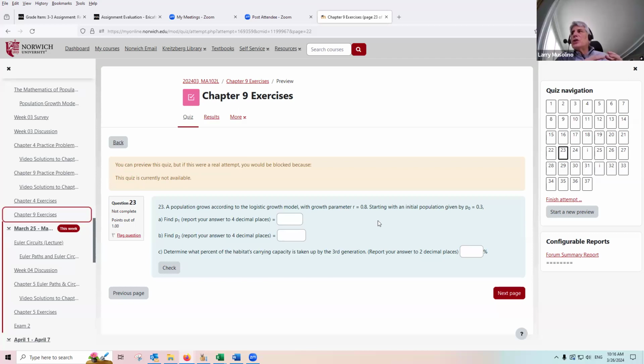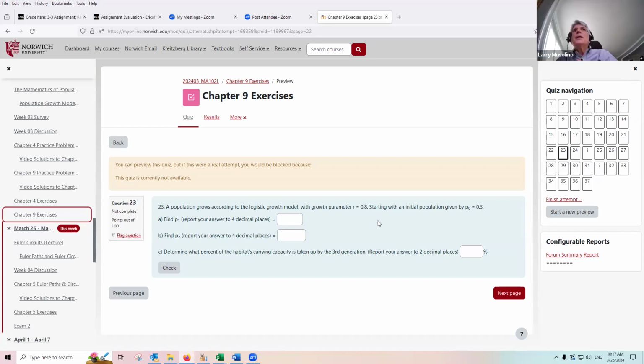The number of fish in a pond. The number of fish will keep growing, but it won't grow continuously because the pond only has a certain amount of room and food. So the number of fish will peak out at some value called the capacity. So that's what this growth model is about.